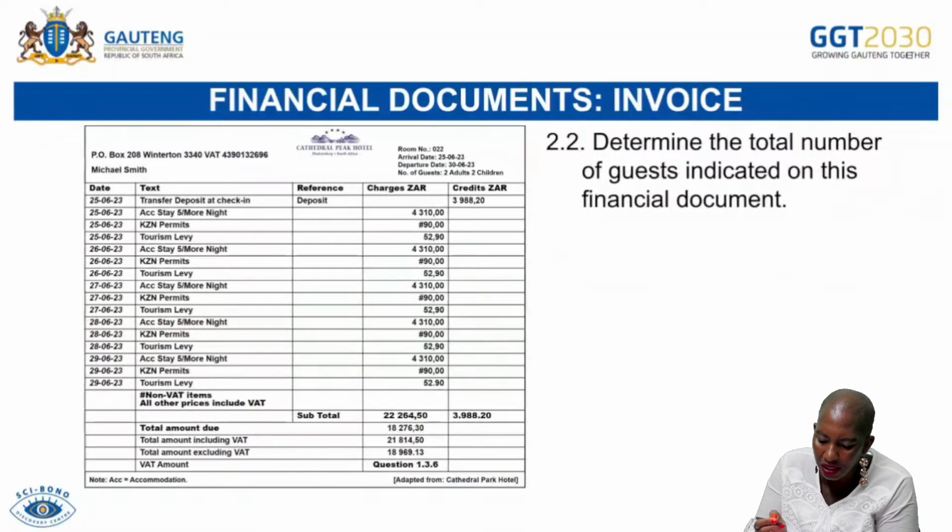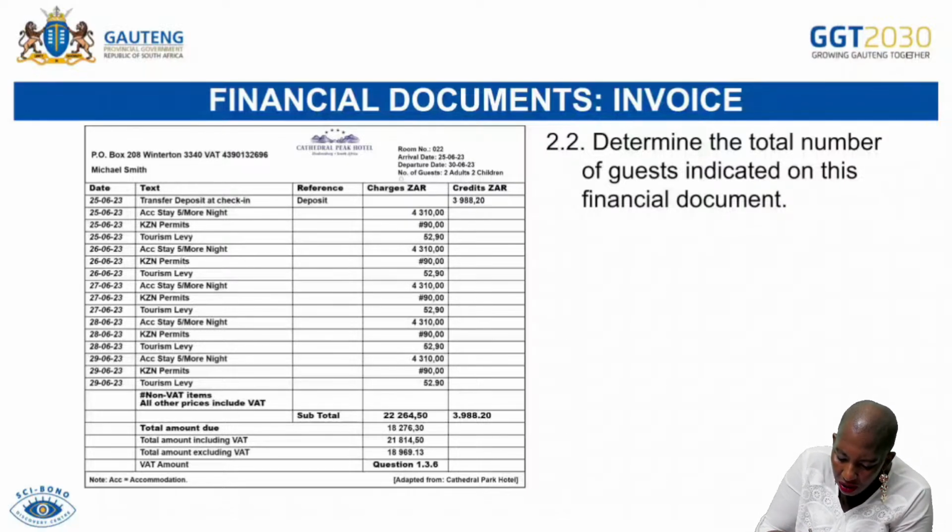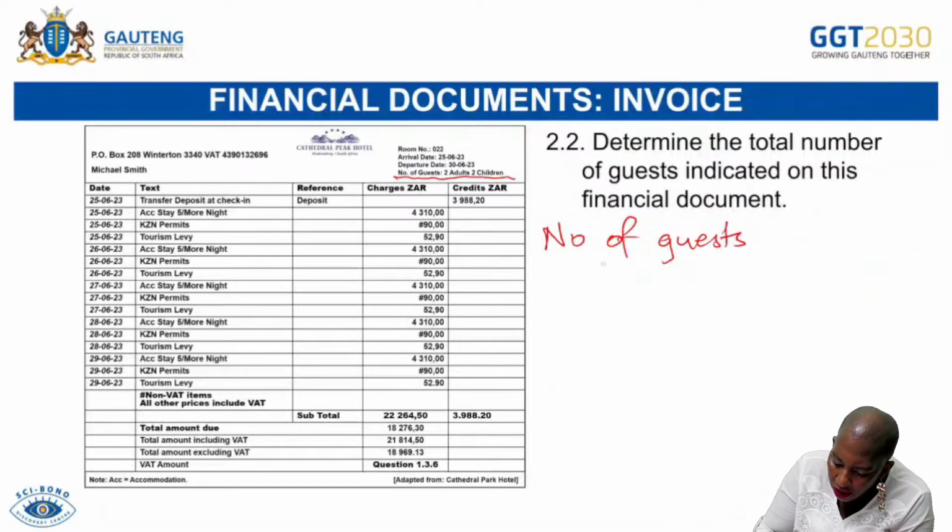Now the second one, it says determine the total number of guests indicated on this financial document. Number of guests, look at me, straight to the answer. Number of guests, it is 2 adults plus 2 children.